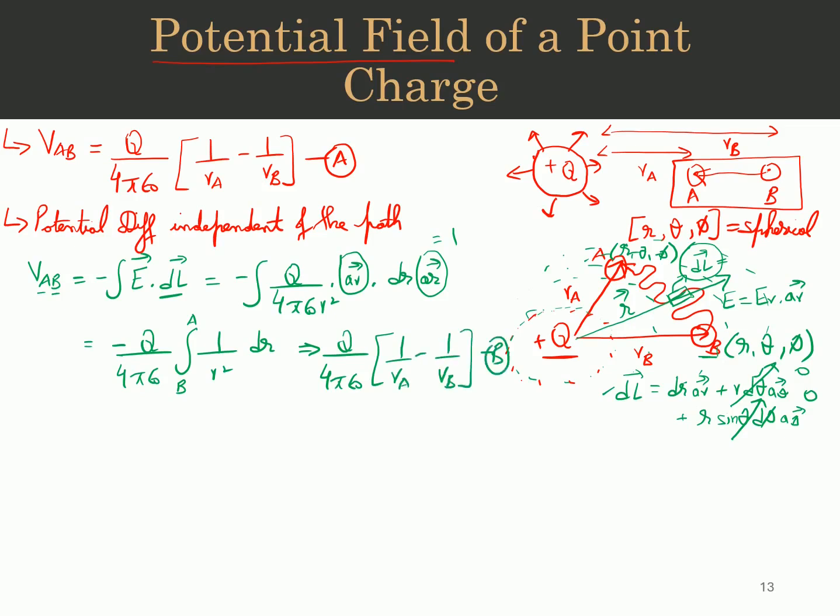This is equation number B, and it is similar to the above equation A. This means that potential difference is indeed independent of the path taken, and that is a good thing for us when we are solving different problems or trying to find the potential difference along any source charge in a given electric field.